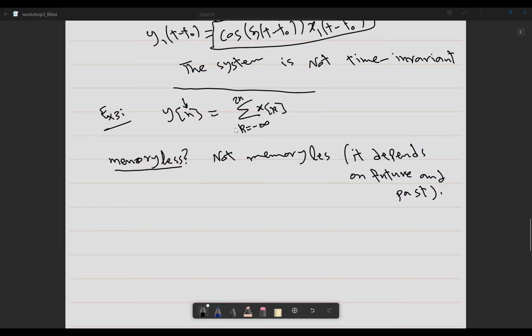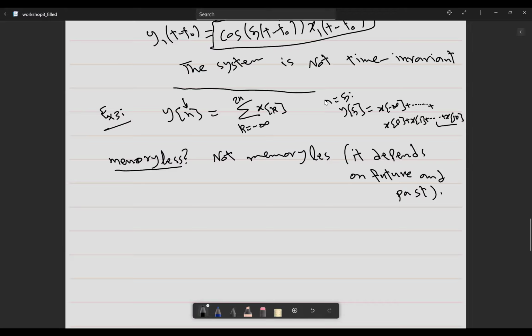Yeah, because here, let's say n equals 5. So y5 equals x minus infinity plus many terms in the past, and then we reach x0 plus x1, and then plus until x10.